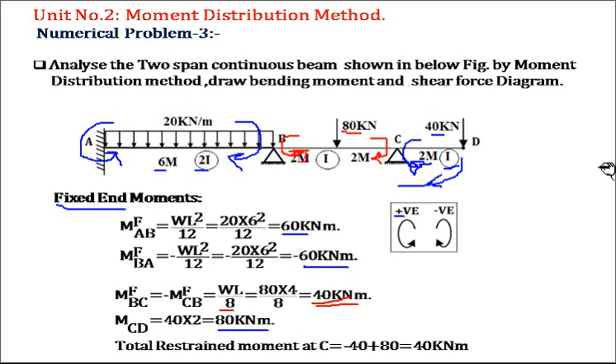This MCD is nothing but the moment in member CD, and as it is acting in anti-clockwise direction, it is plus 80 kN meter. So the total resultant moment at C: in portion CB it is minus 40, and in portion CD it is plus 80. So minus 40 plus 80 is 40 kN meter. These are the fixed moments for the continuous beam ABCD.